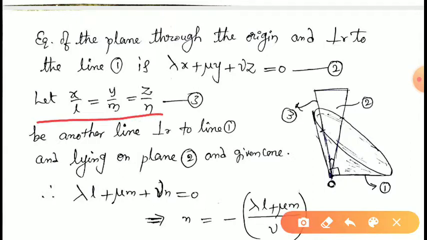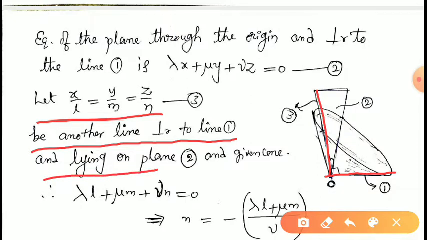Let x by l is equal to y by m is equal to z by n be another line perpendicular to line 1 and lying on plane 2 and also on the given cone.